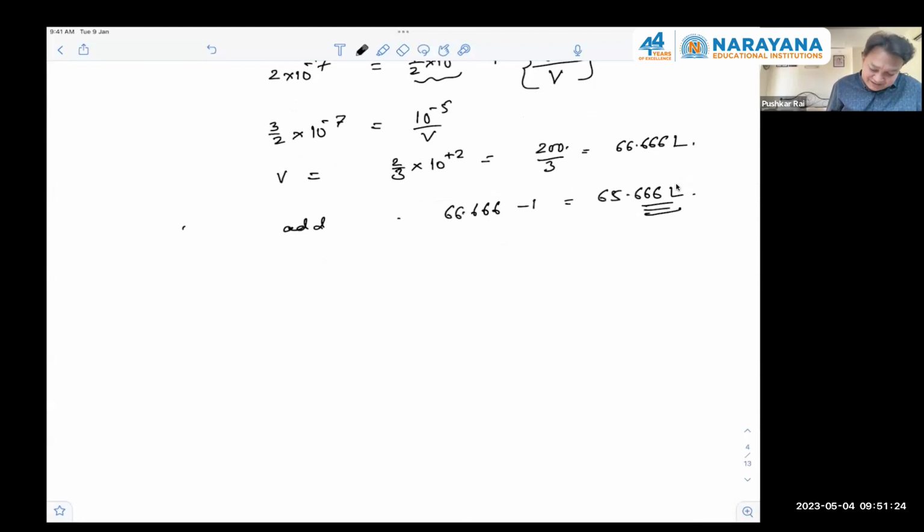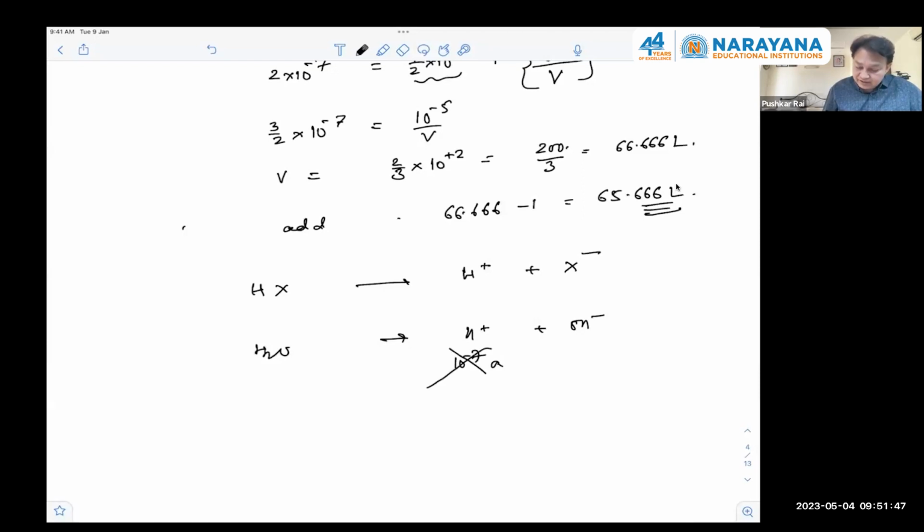Like this one, HX has broken into H plus plus X negative, which gives you more feel. But since water is also breaking down and giving H plus plus OH negative, do you agree something like this will happen? In this scenario, we could not take 10 to the power minus 7. No, we'll take it as A, and we don't know this A. If A is coming from there, then A is also coming from there.